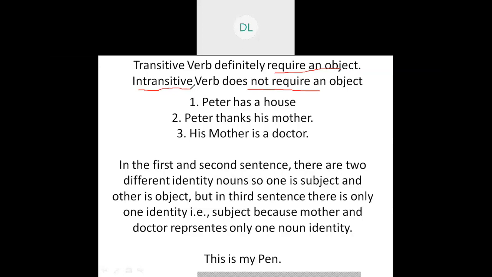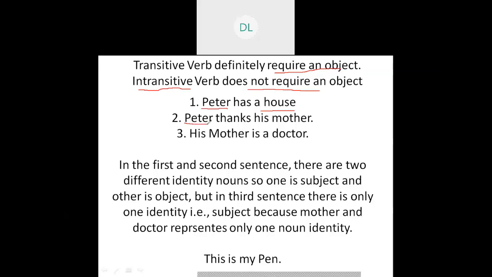So let's have a few more examples. Peter has a house. Now in these sentences, let's analyze and identify what is the subject and what is the object. So Peter has a house. Peter is one identity and house is another identity. In the next one, Peter thanks his mother.